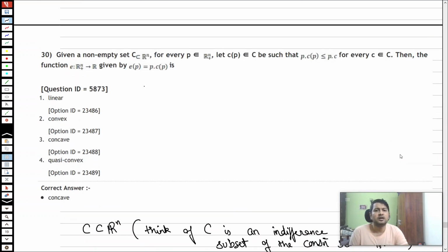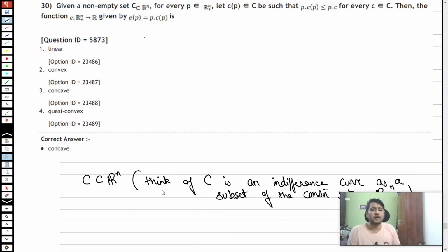Then in this subset C, P belongs to Rn plus. So think of P as a price vector.